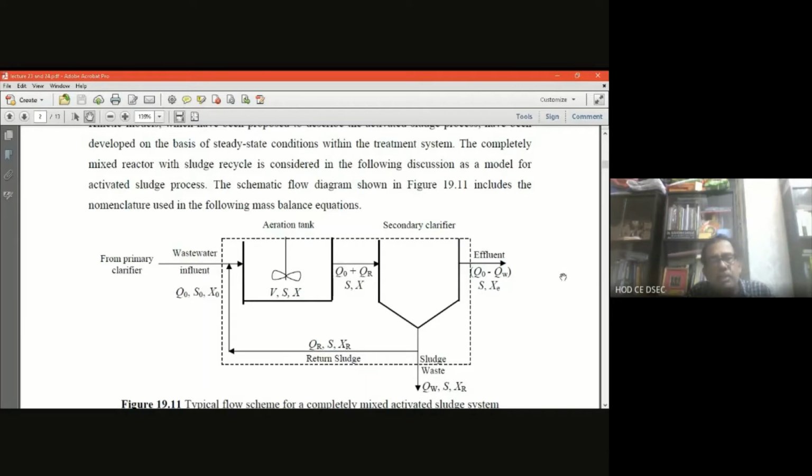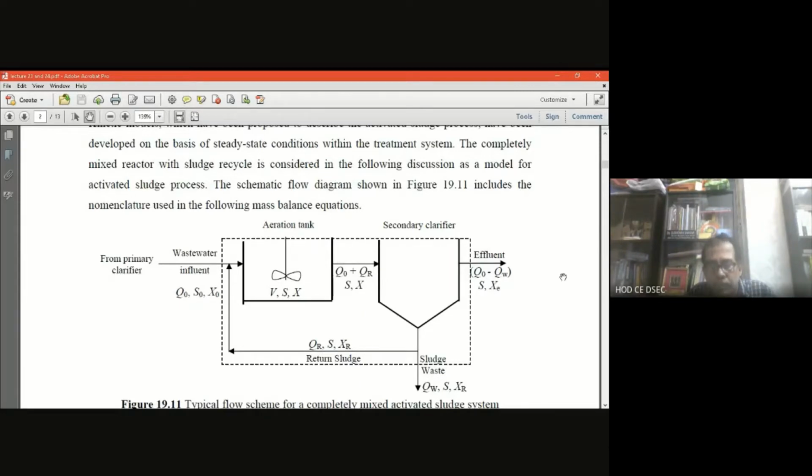The total flow is Q0 plus QR, and what comes in should come out, because the mass balance should hold. So when the flow comes out from the aeration tank, it should be Q0 plus QR, and there the substrate concentration is S. It is considered uniform throughout the reactor as well as when it leaves the system. And X is the biomass concentration, both in the reactor and when it leaves the system, the concentration of biomass is maintained uniform.